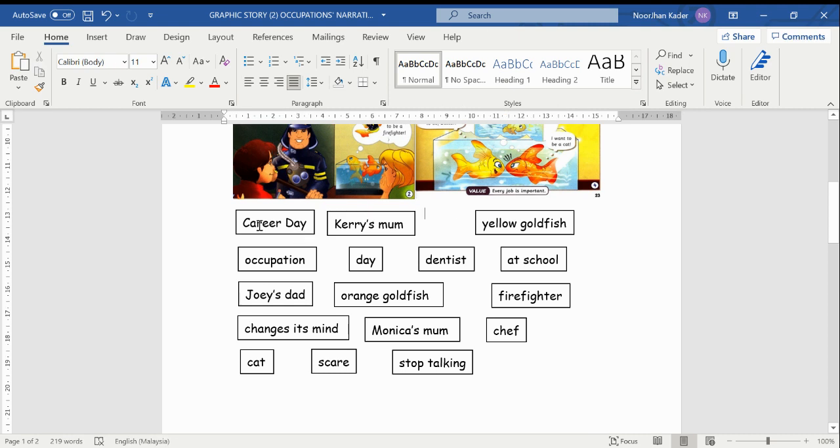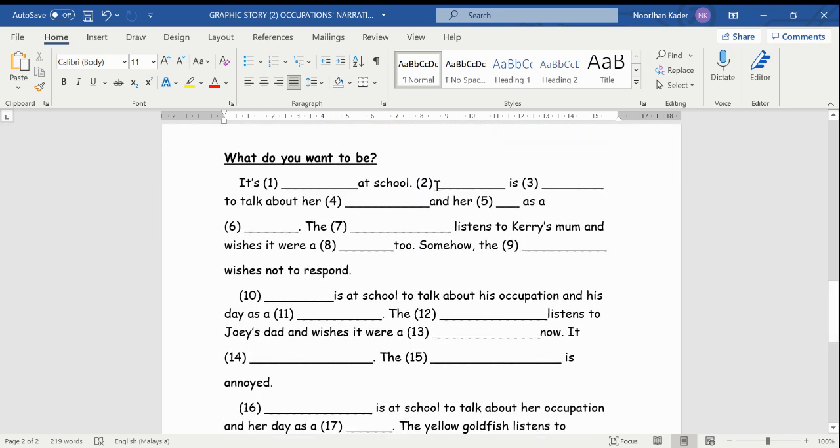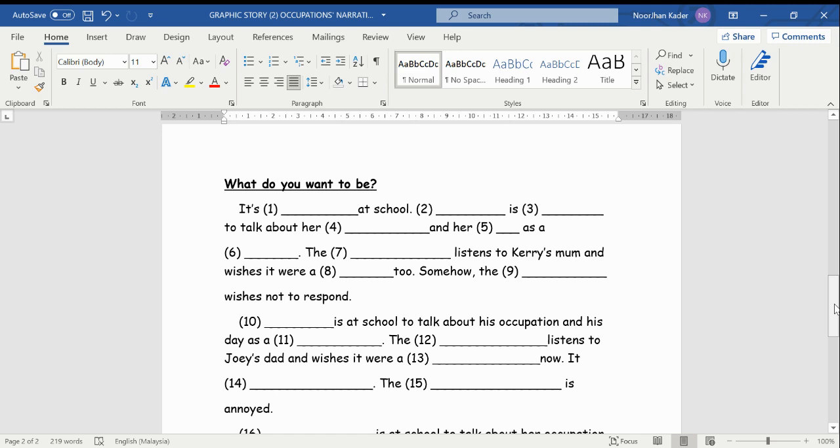That means I'm going this way. That means the first phrase is number 1. That is why it's on top, in the first box here. Then the second one is Carrie's mom. Carrie's mom is, okay, what do you think is the answer here? What, where, when, who?